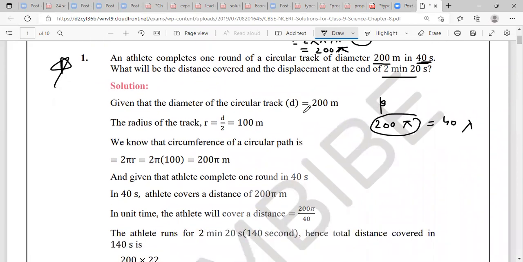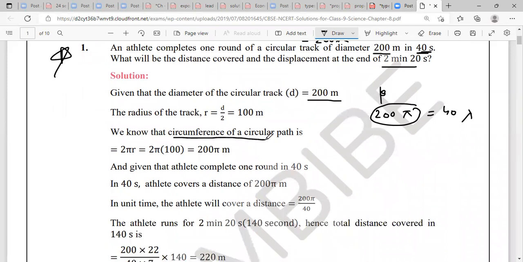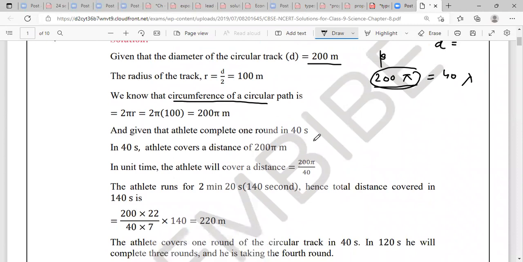First of all, you know the radius, so you know the circumference of the circle. For 40 seconds, he just covered this distance. Now you have the time and you have to find the distance.